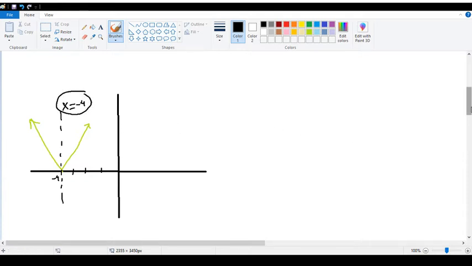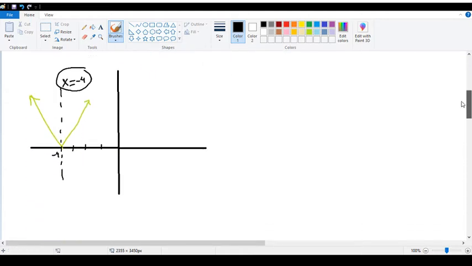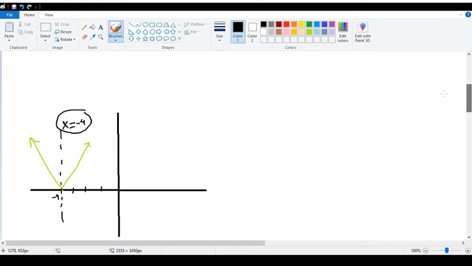Just like up here, if this point here was 1 and that was 2, this axis of symmetry would be x equals 2. Alright? And let's say I have something like this, where it's upside down.